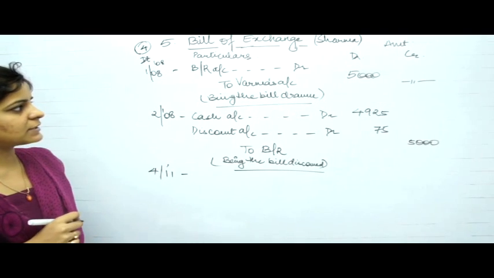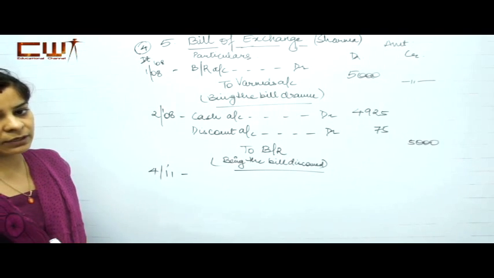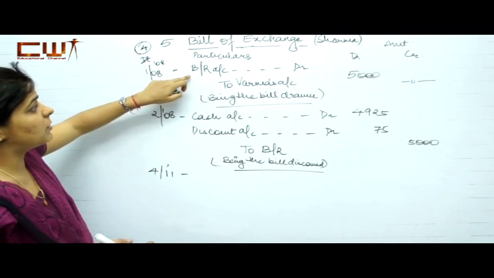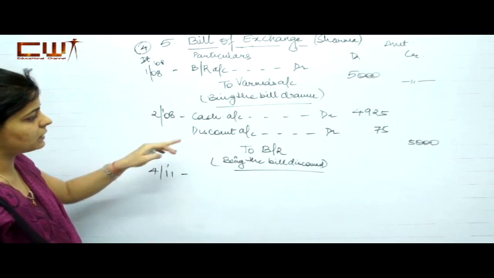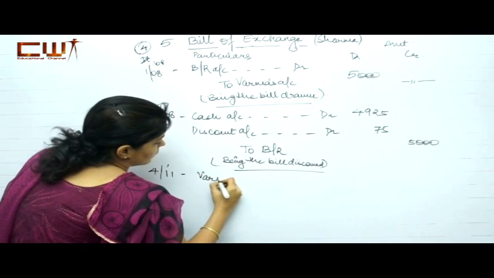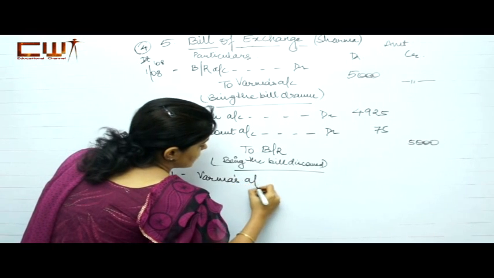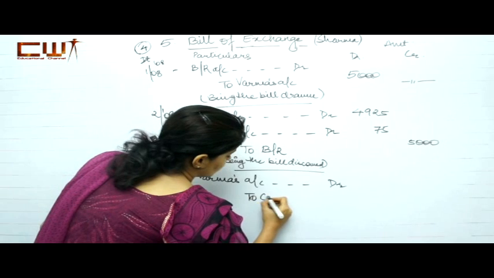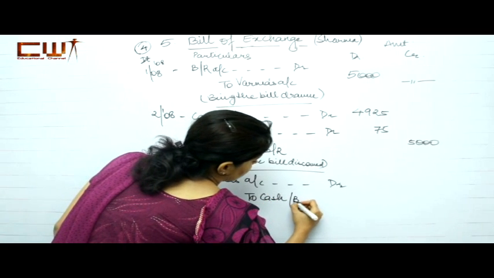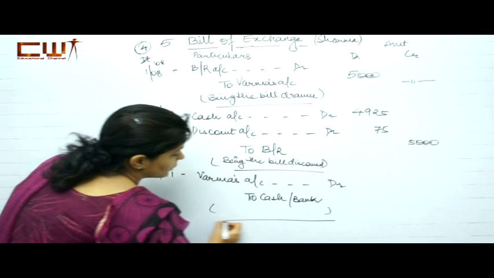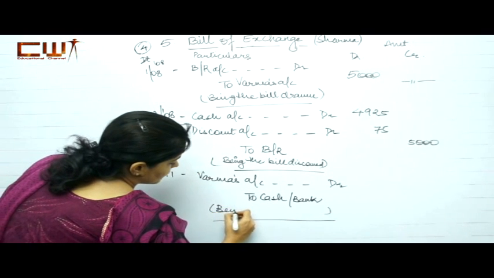So if the bill is cancelled, what will be the entry? The reverse entry. So you will have Verma's account debited, to bills receivable, but bills receivable is not with him, it is with the bank. So you can write bank or cash, whatever. So Verma's account is debited to cash or bank. We are not writing bills receivable because the bills receivable is not with us, it is with the bank.